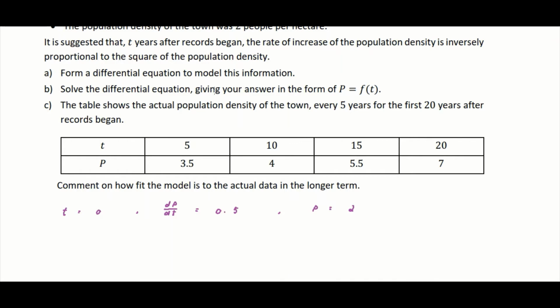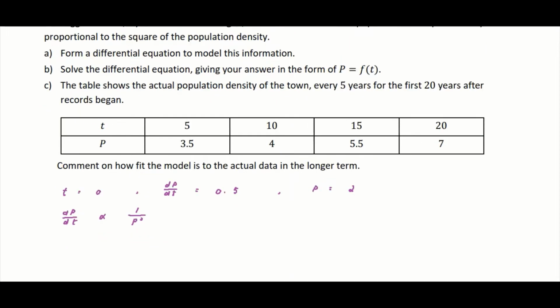This is in general, t years after records begin. So dP/dt is inversely proportional to the square of population density. Inversely proportional means you have 1 over the square of population density, so P squared. Okay, now we have finished reading the question.